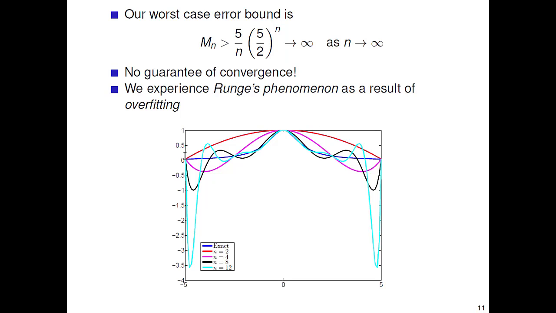So I have a picture here. The blue curve is the function we were working with, a nice smooth function, but the higher order derivatives get very large here. If we fit a quadratic polynomial to it, so n equals 2, this is certainly the best we're going to be able to do with n equals 2.